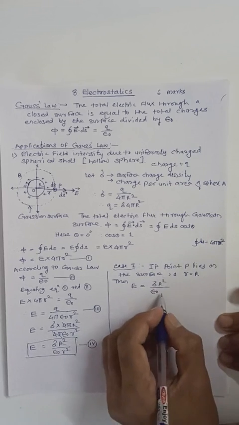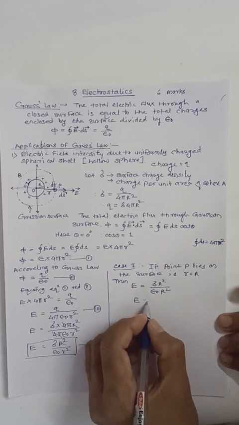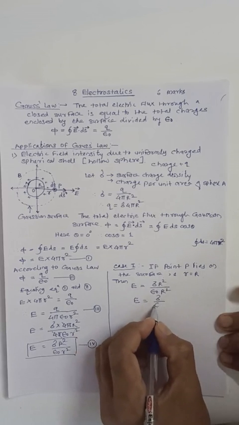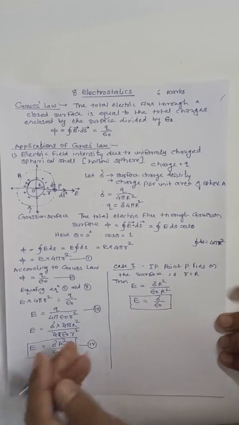Small r is equal to capital R, r square gets cancelled. E is equal to sigma upon epsilon 0. This is the electric field intensity.